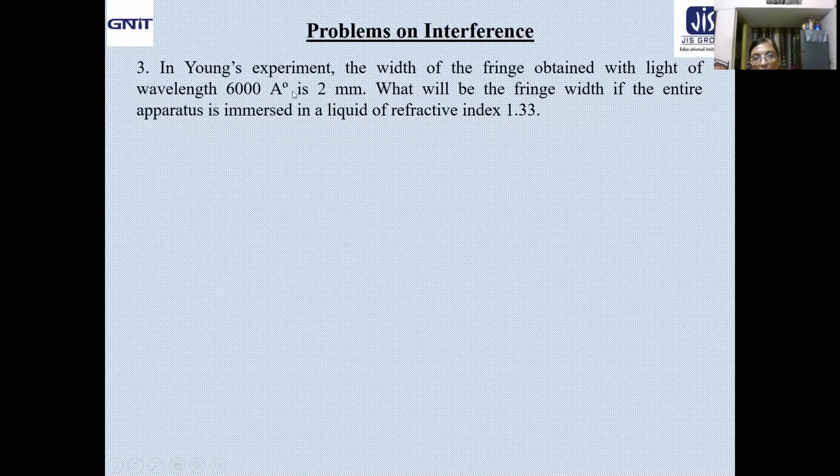Just take a look at the statement of the problem. Very interesting. In Young's experiment, the width of the fringe obtained with light of wavelength 6000 angstrom is 2 millimeter. What will be the fringe width if the entire apparatus is immersed in a liquid of refractive index 1.33?